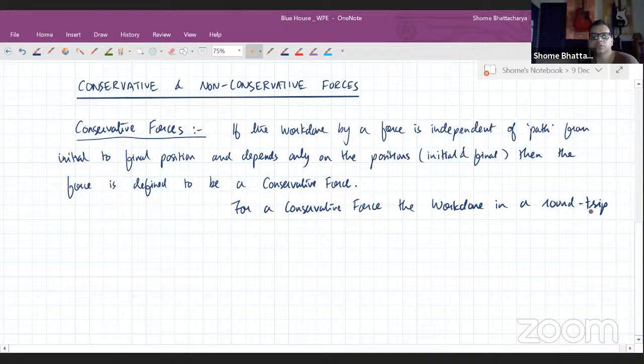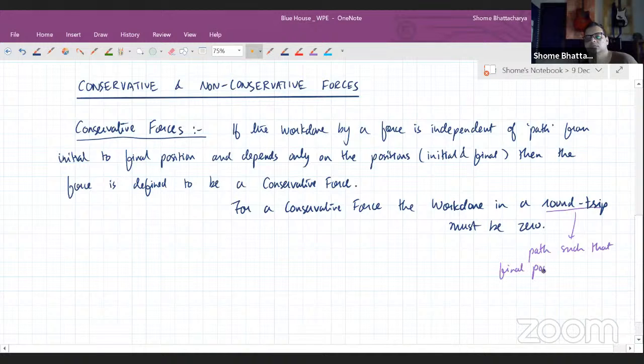So basically a round trip is defined as a path such that the final position is the same as the initial position.